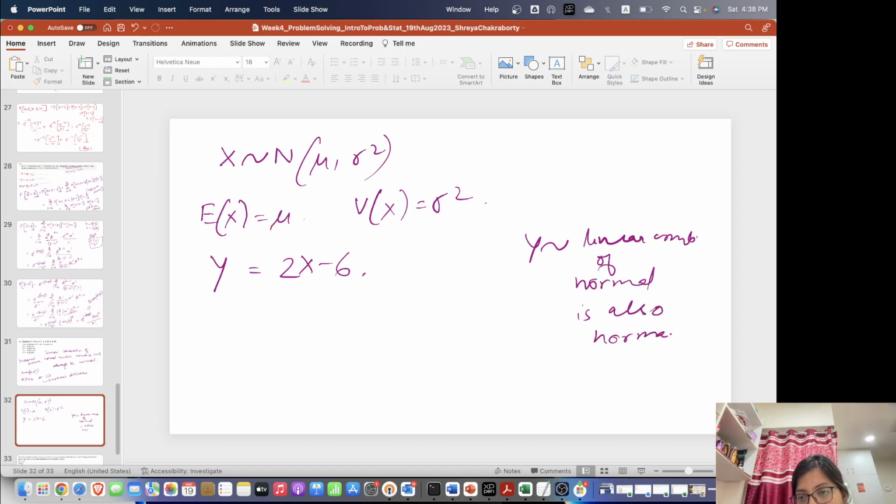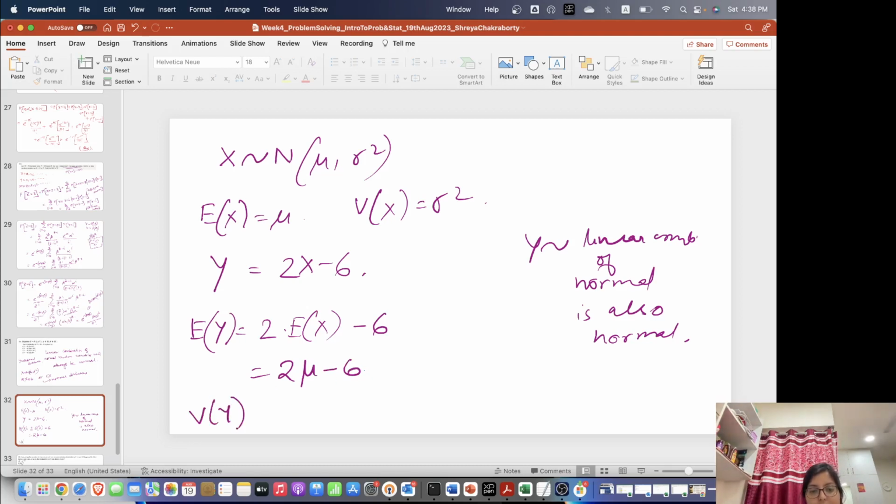Now expectation of Y will be 2 into expectation of X minus 6. For expectation, it depends on both the scale and the shift. So this will be 2 mu minus 6.